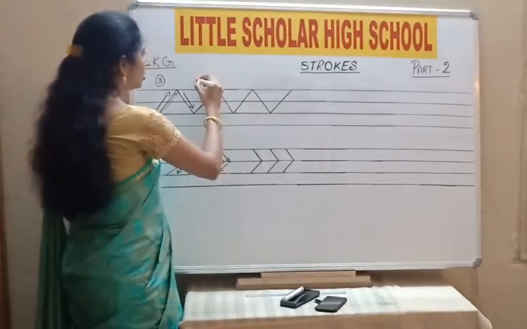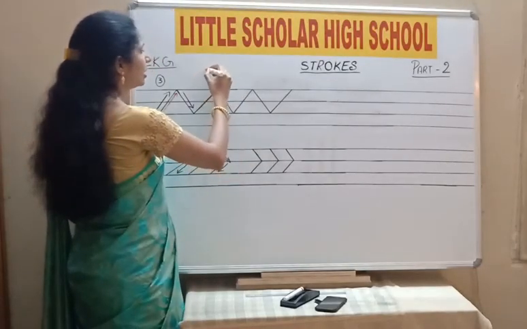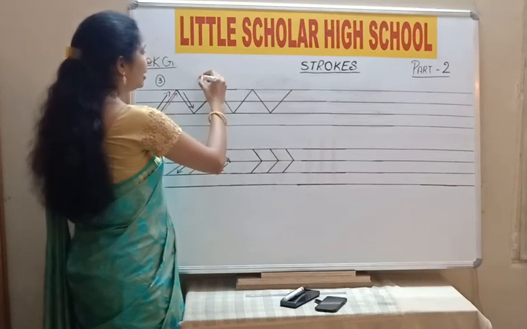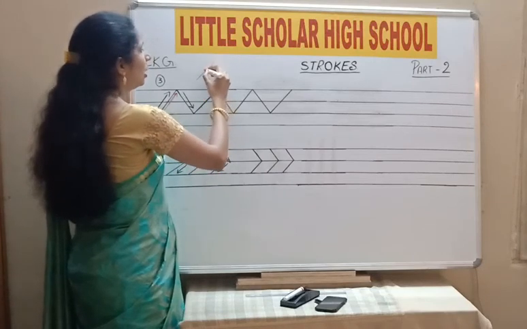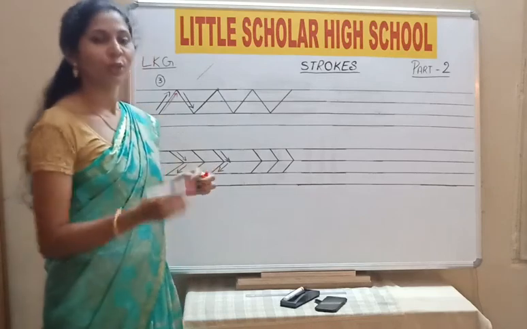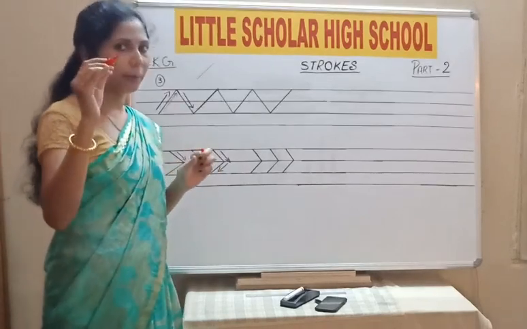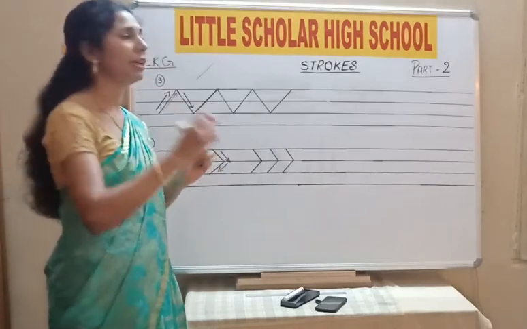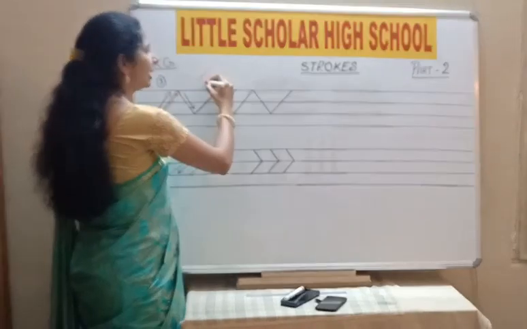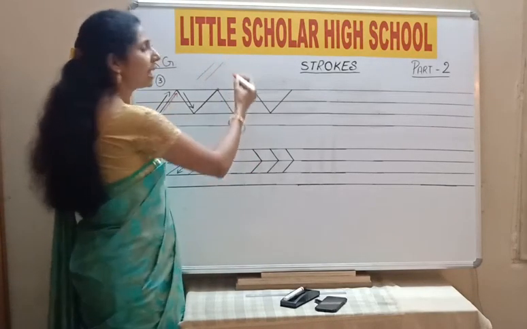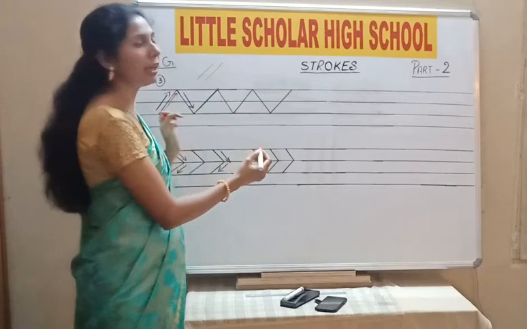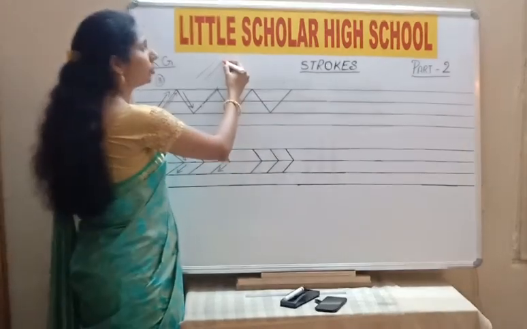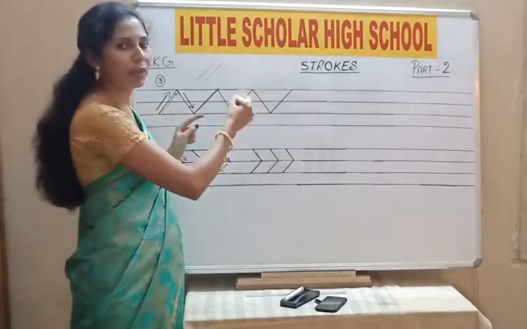For example, if the dots are like this, from here till here you draw a line. From down to up you draw one line in a slanting way, and you say slanting line. And from there you continue the line towards the down.